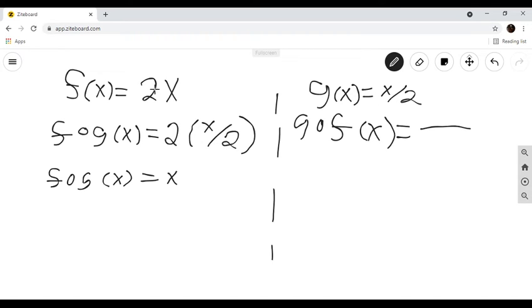I'm going to plug in 2x for x over 2, and we've got the same problem. We were multiplying by 2 here, but dividing by 2 here, again, that's going to cancel and leave us with g composed of f of x is equal to just x.